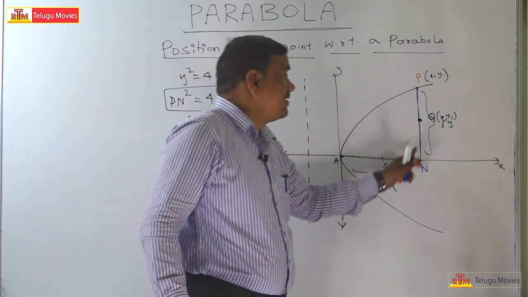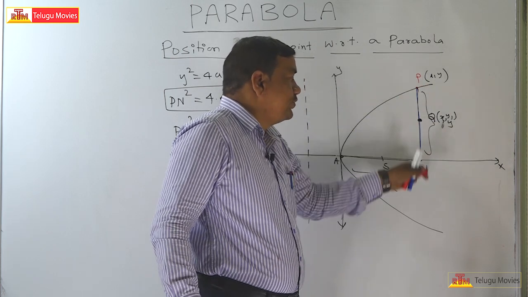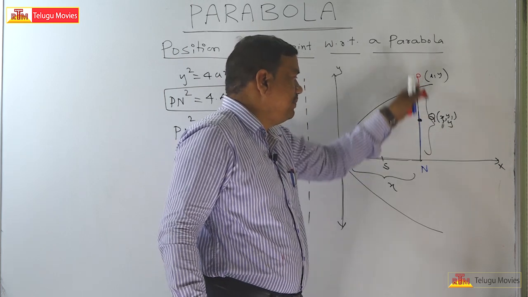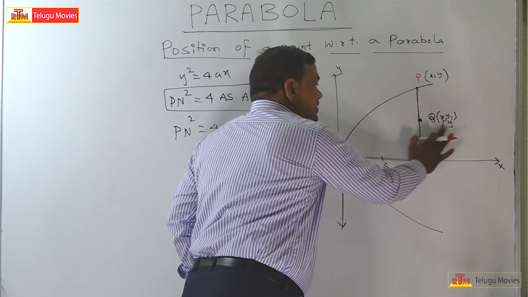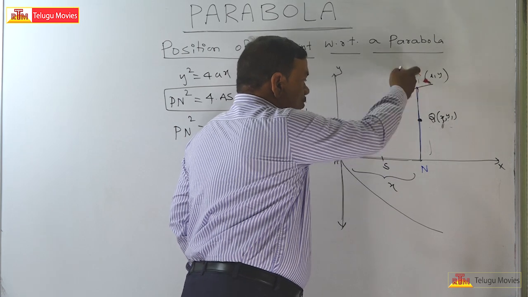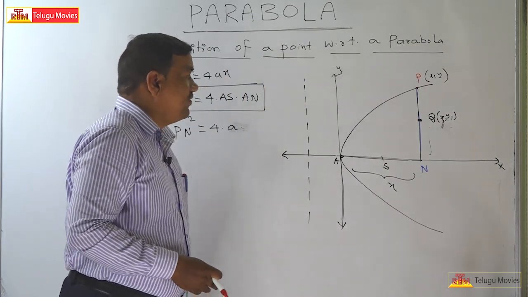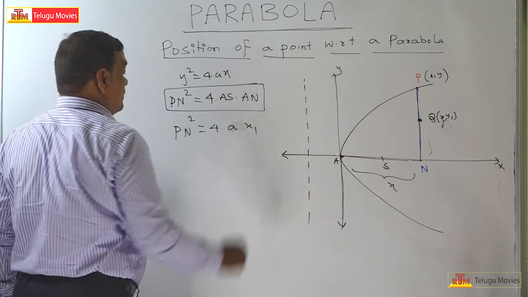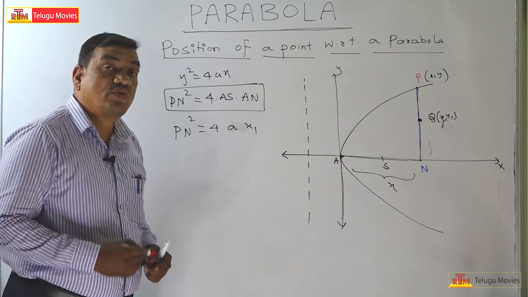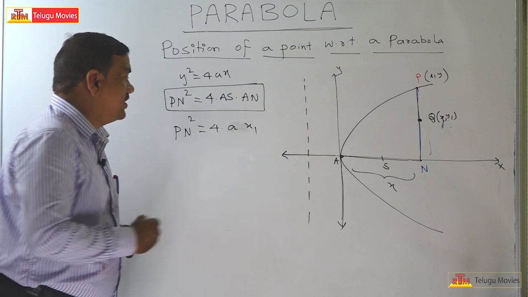AN means how much here? We can take x1 also. Why? Because this Q also lies on PN. Therefore, this AN length we can call it as x1. So therefore, PN square is equal to 4a x1 we can take.